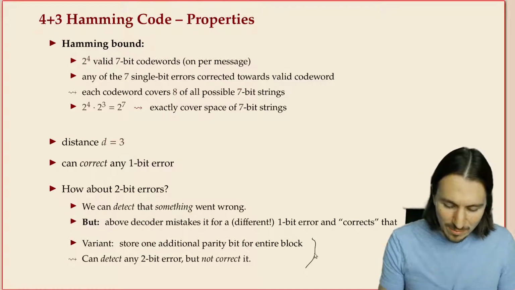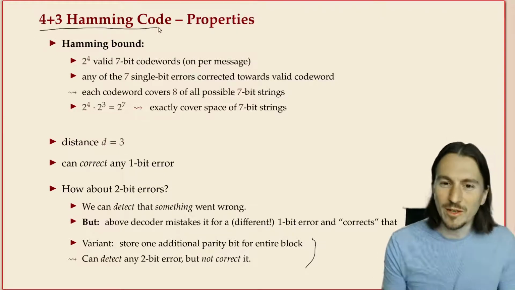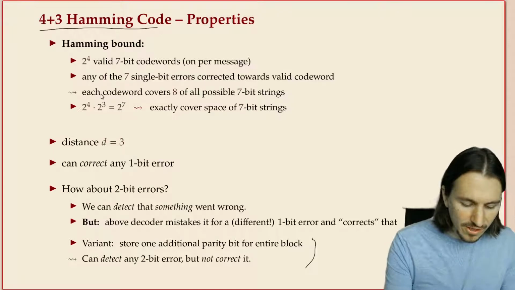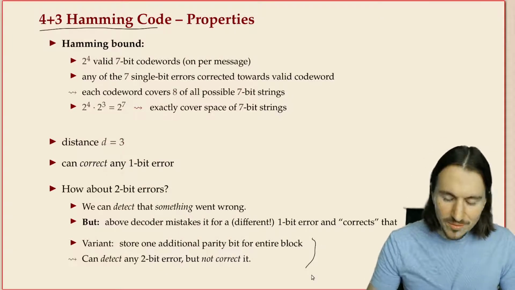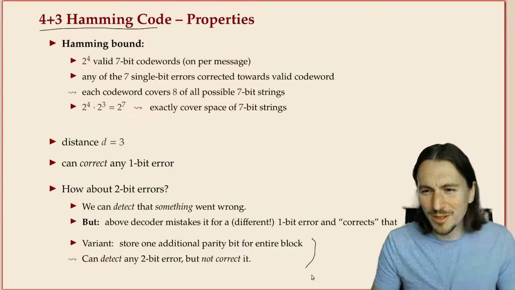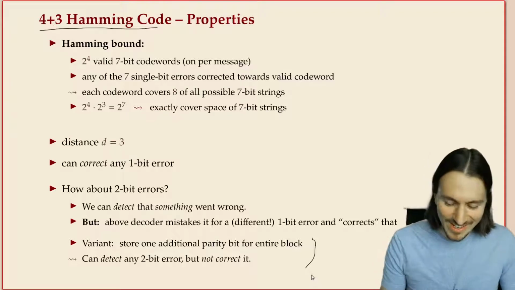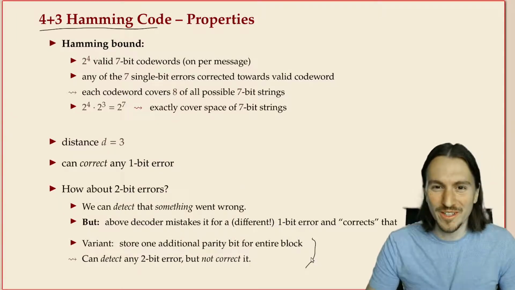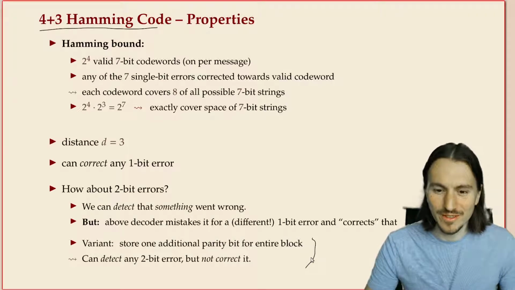So that's just a minor remark. Our 4+3 Hamming code will be the variant that we discussed in detail, encoding and decoding. And this addition might be called 4+4 or 4+3+1, I don't know. This is only for your interest, but it will not play a further role in this class.